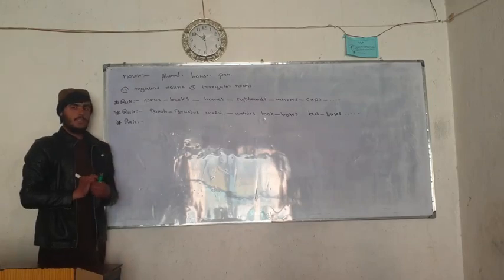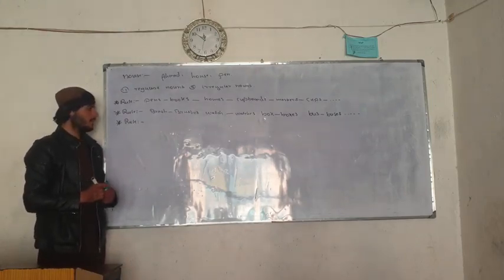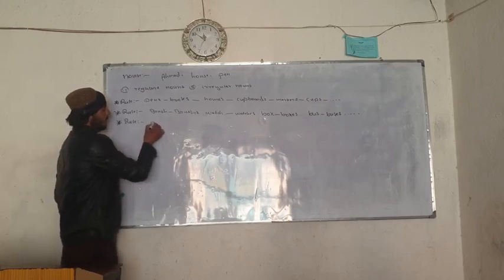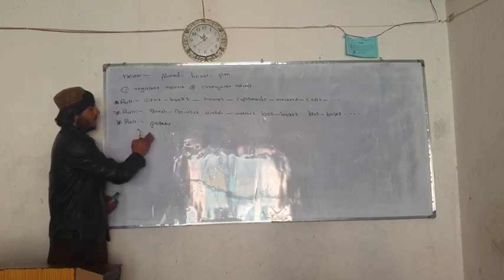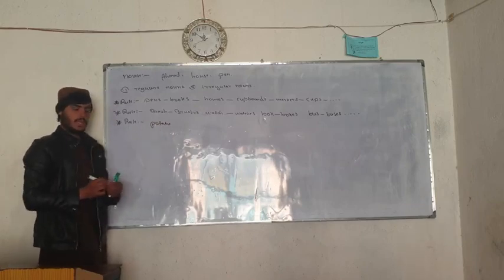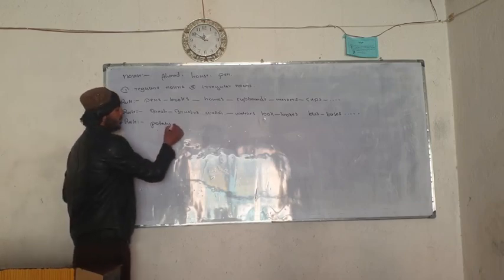If a noun ends with o and before o there is a consonant letter, so we have to add es at the end, like potato. Here this noun ends with o and before o there is a consonant letter t. T is one of the consonant letters, so we have to add es at the end, like potatoes.